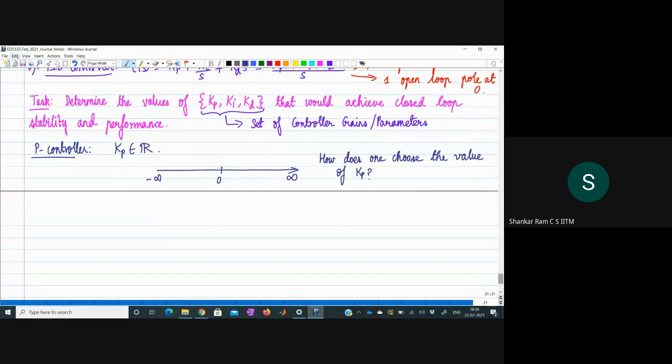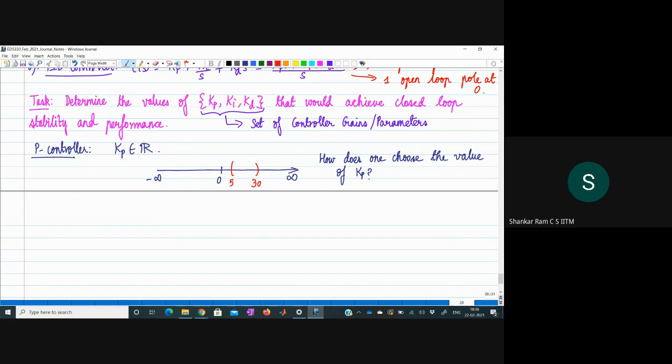This is a very interesting problem wherein even if we have a proportional controller, the simplest controller, with only one design parameter, the proportional gain, the gain itself needs to be chosen from an infinite range. So we need to choose one value of Kp. Suppose I have a method by which we say, choose the value of Kp between 5 and 30. I'm sure all of us will appreciate that.